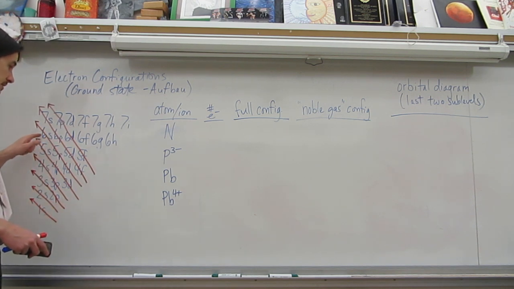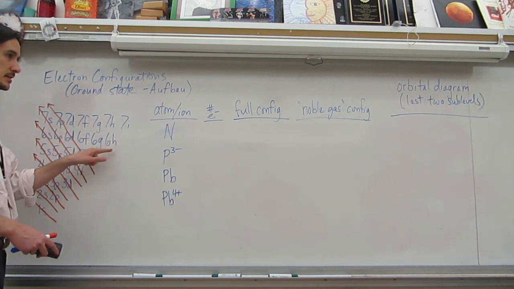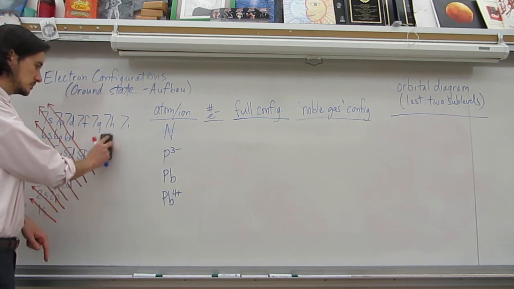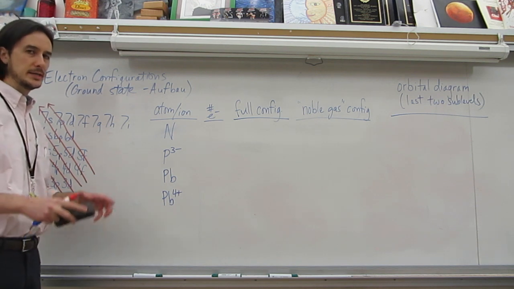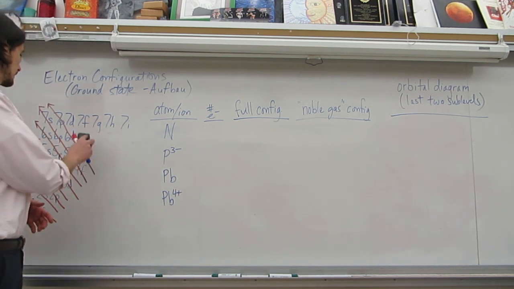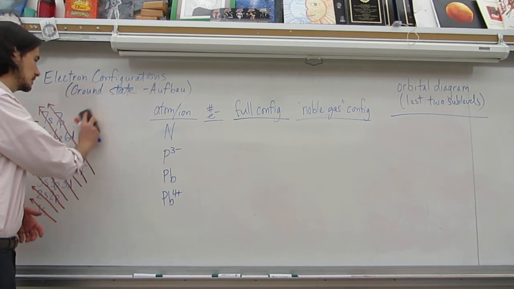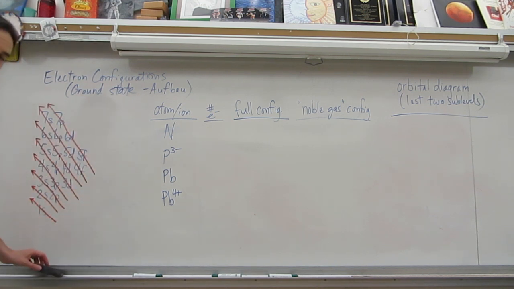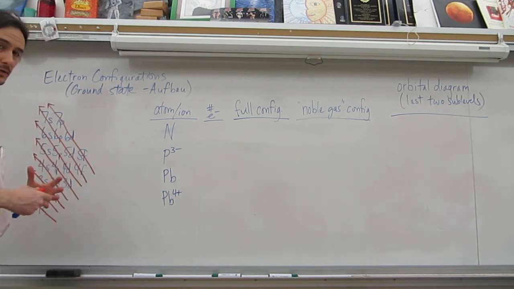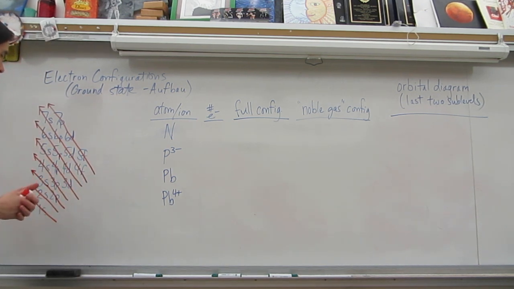Same thing for 6. 6 has 6 sublevels, but those don't get any electrons for any ground state atoms. And then same thing, we'll get rid of these. So those exist, those are places that electrons can be, but ground state atoms or ions don't have them. So we're only going through there.